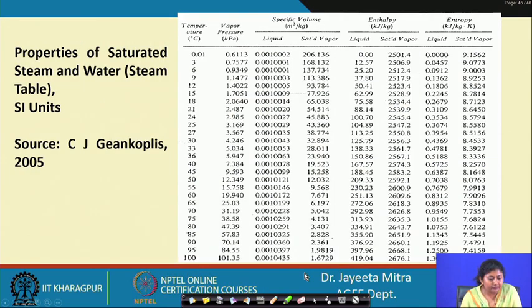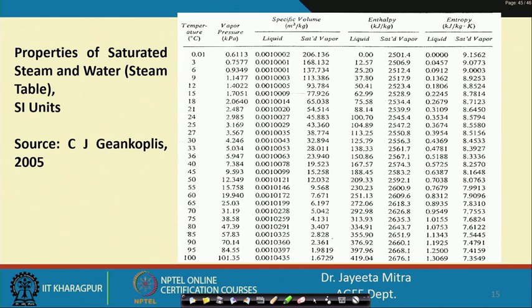This is the properties of saturated steam and water, called the steam table. This is in SI units, and you can get it in other units as well. It is available in most unit operations or food engineering books, in the index or appendix section.